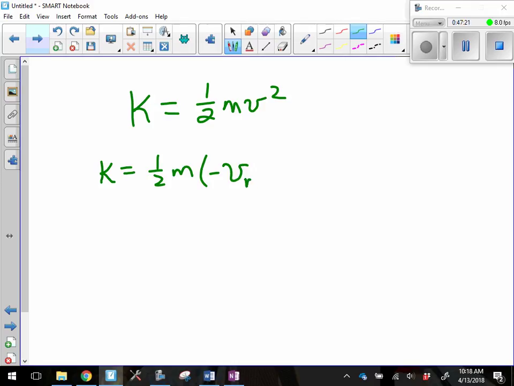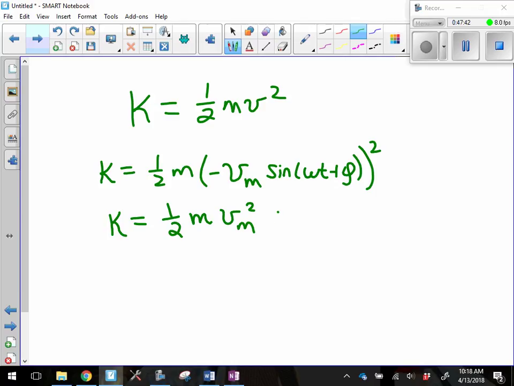It's negative v_m sine(omega t plus phi). And again, I can write this as 1/2 m v_m squared sine squared(omega t plus phi).